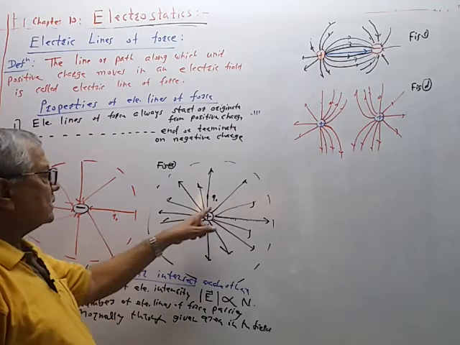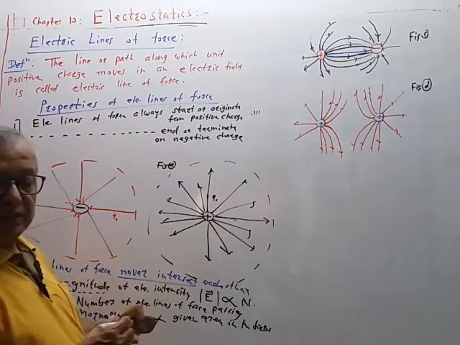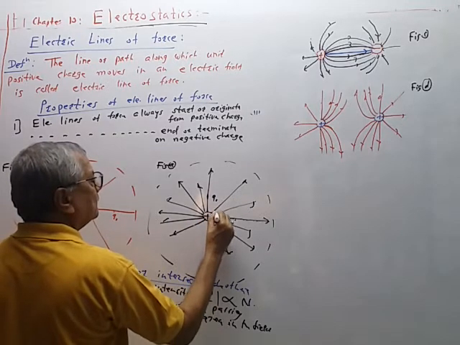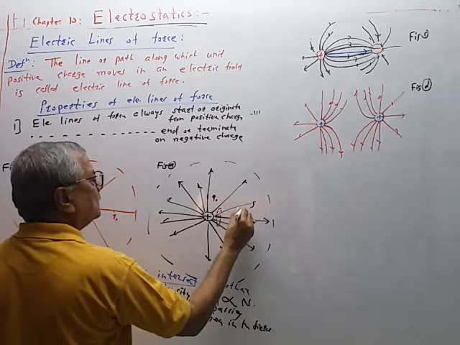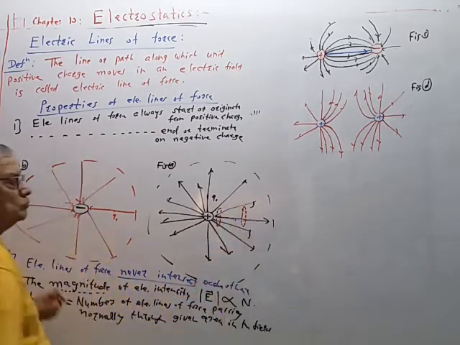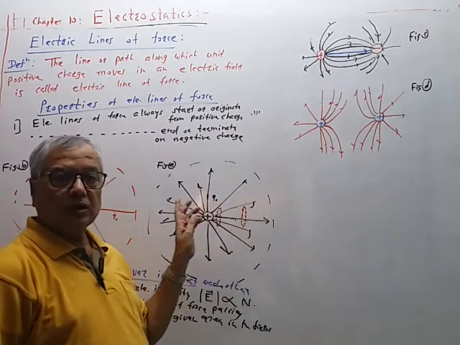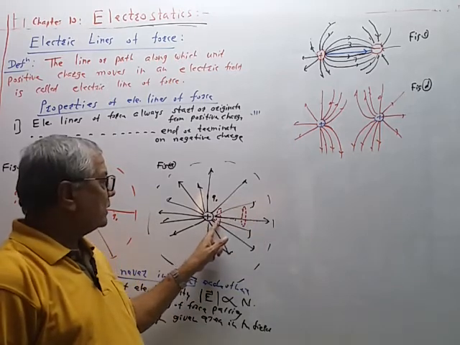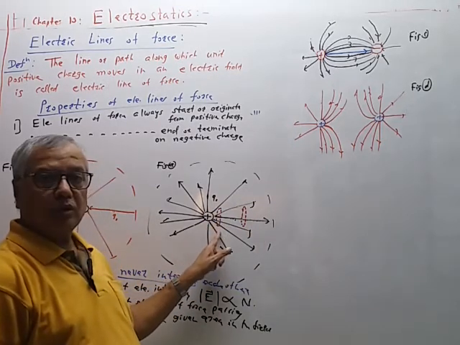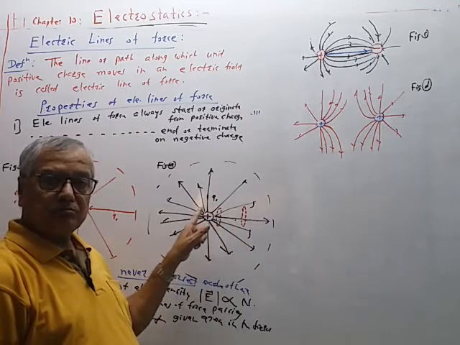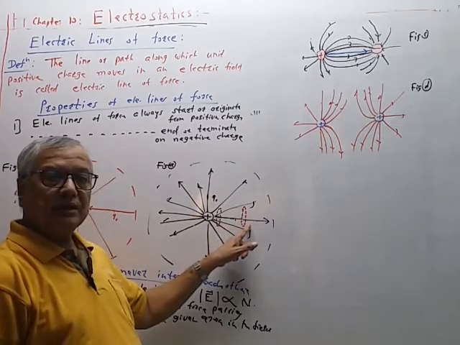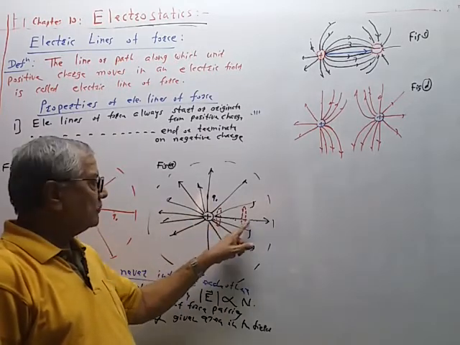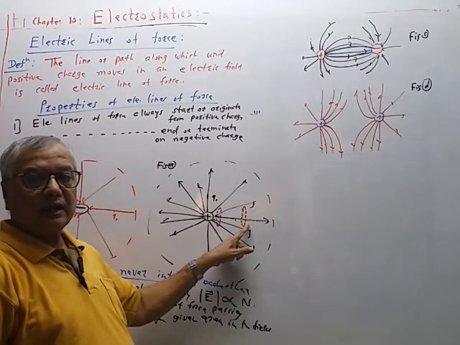For example, now consider this case. If we consider, say, this much area, both areas shown by the red dotted circles are the same, but in this area 1, 2, 3, 4 lines of forces are passing, and for this same area only 1 electric line of force is passing.